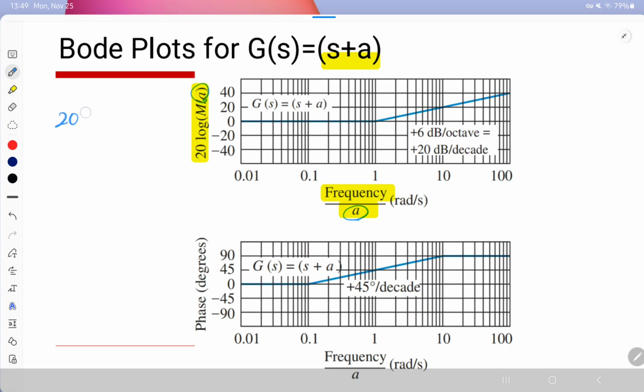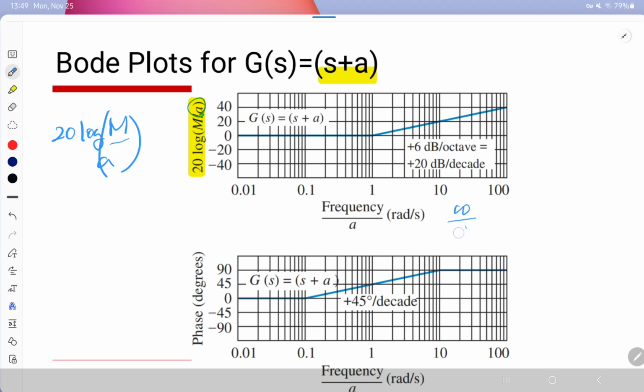So 20 log M, it's not the whole thing over A, but only M over A. And this one frequency is omega over A. So when omega is A, omega over A is 1, and that's what this one is presenting.